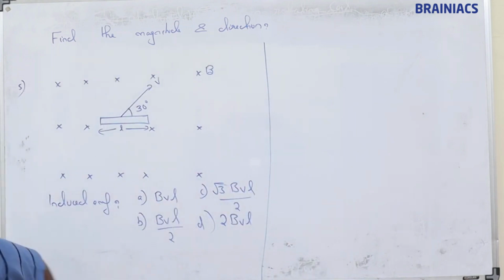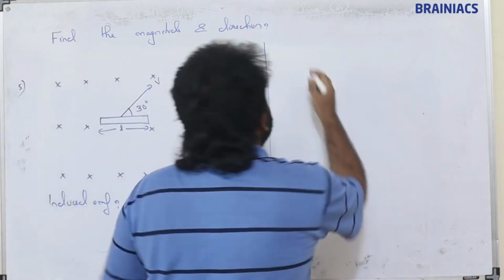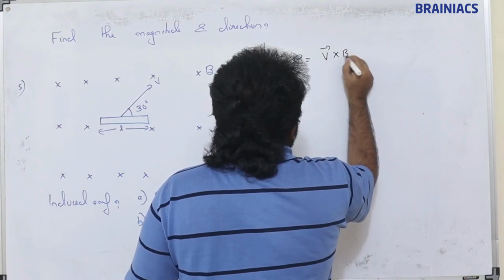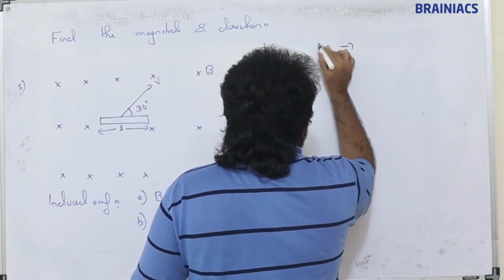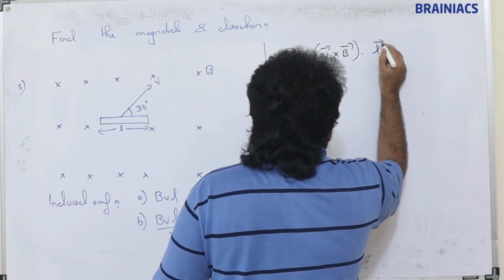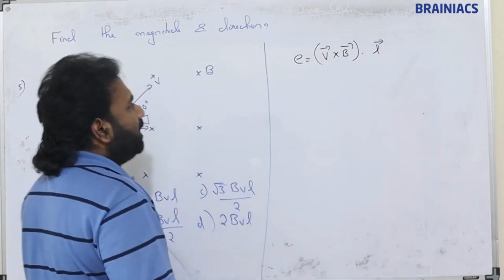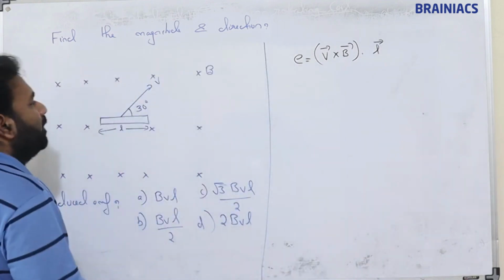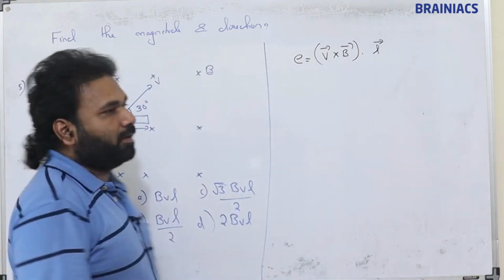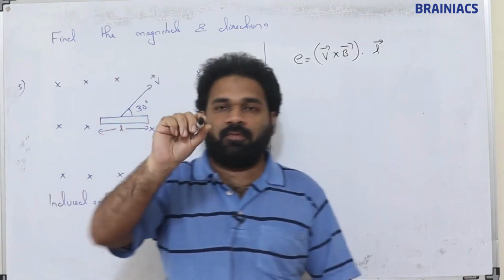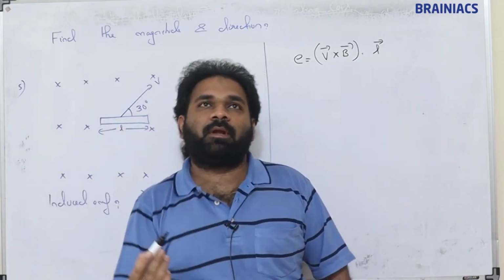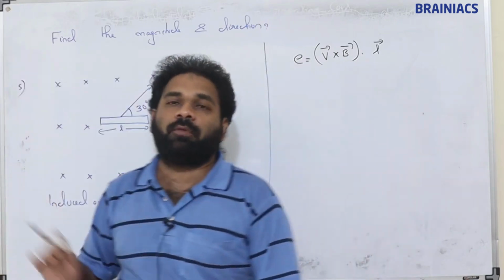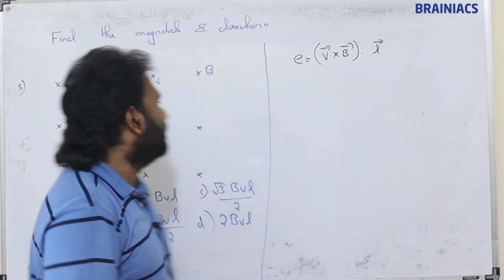So again, E is equal to V cross B dot L vector. So what is V cross B, children? What is the angle between velocity and magnetic field? If this is the direction of magnetic field, whether I go in this direction or this direction or this, whatever I do, the angle will be what? 90 degree.